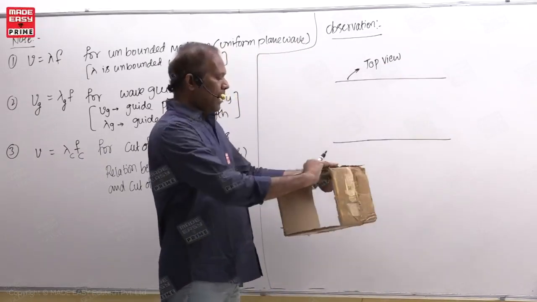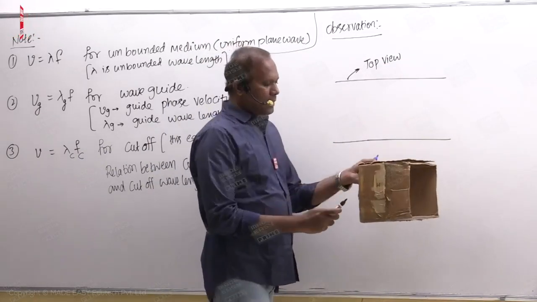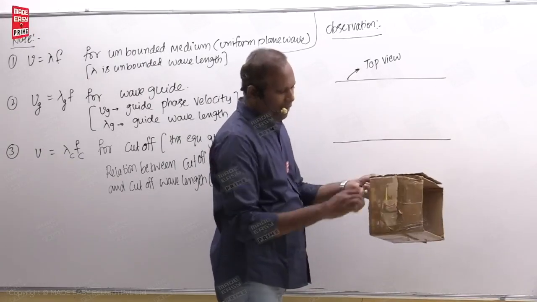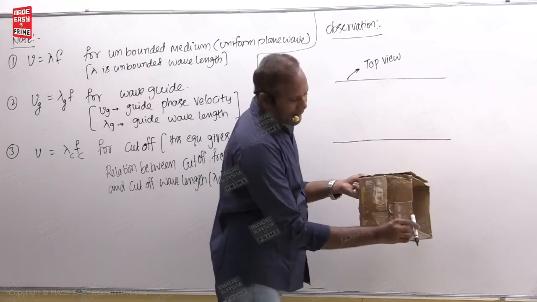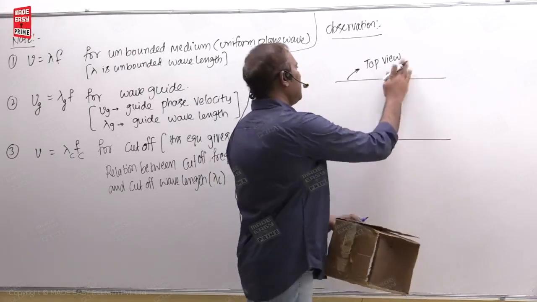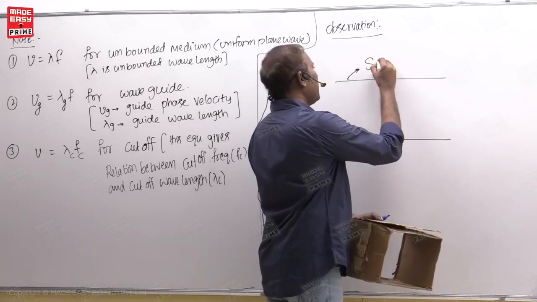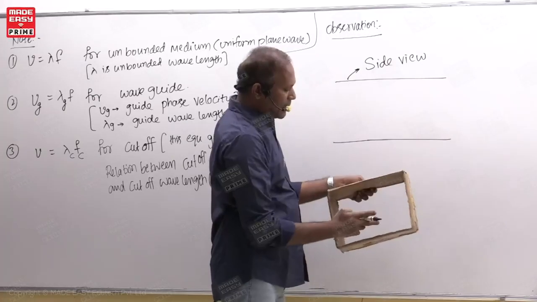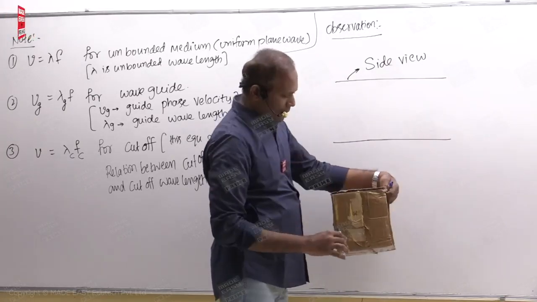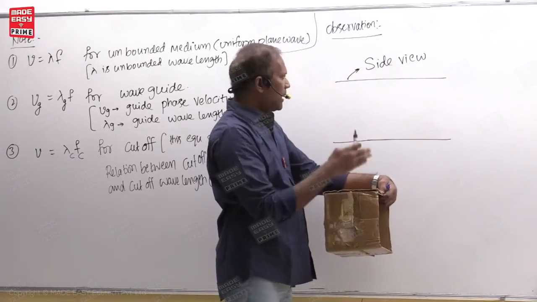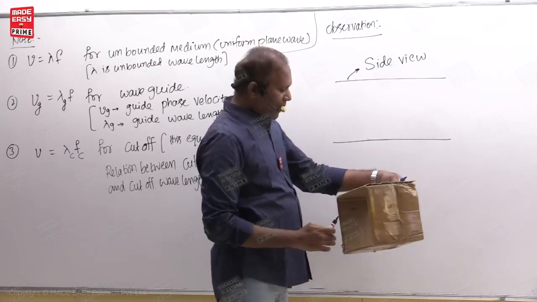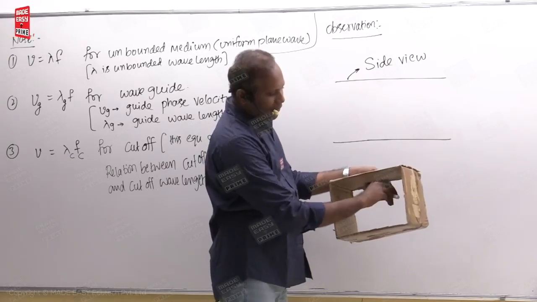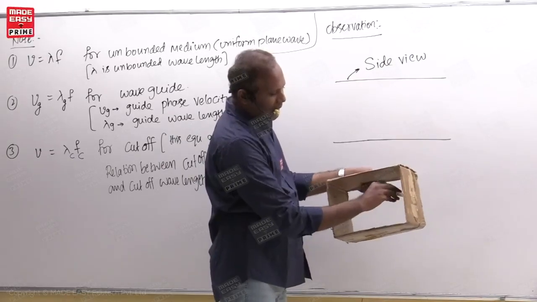Or otherwise, if an EM wave is hitting this boundary like this and like this, that means it is hitting the top boundary, then you will be taking a side view. Actually, you can take the side view, no problem. If an EM wave hits this boundary, then it will be going like this, and like this, and then like this.